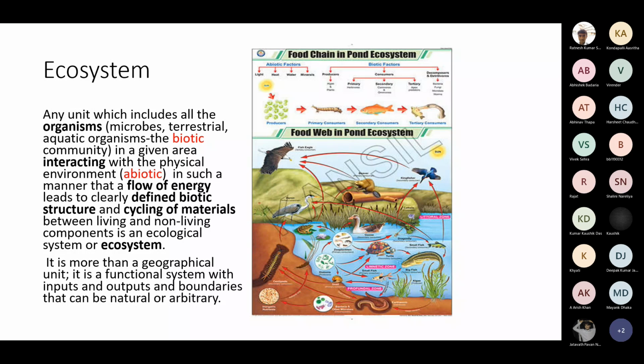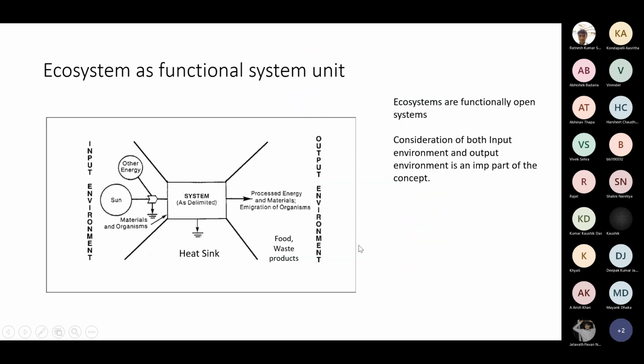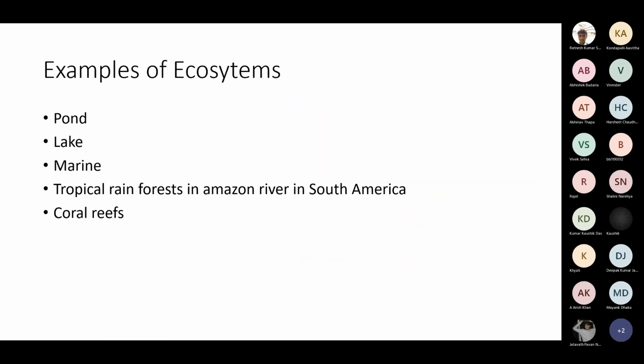When I give an example, for instance, this we have already discussed. Things like a pond can be called an ecosystem because it meets all the criteria which are required. A lake is an ecosystem. Then you have marine ecosystems, like oceans, for example.